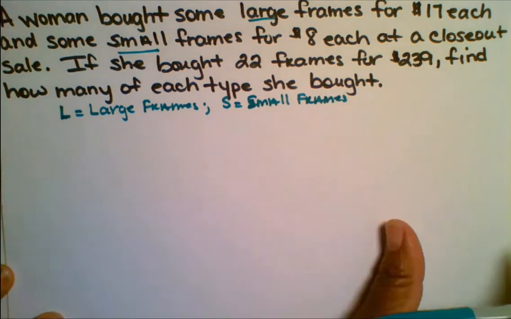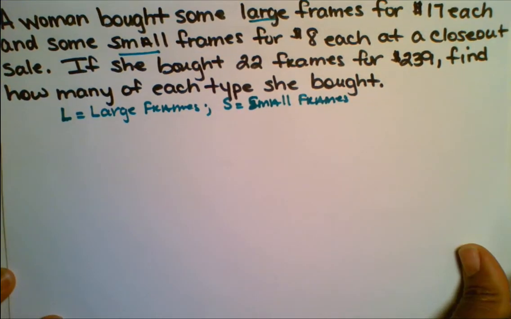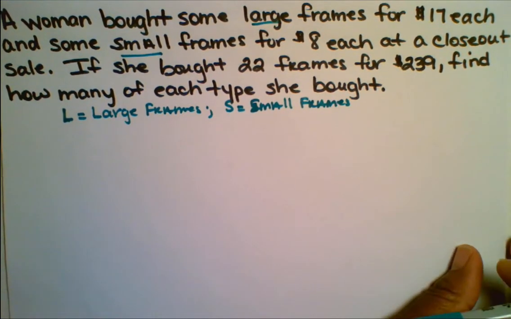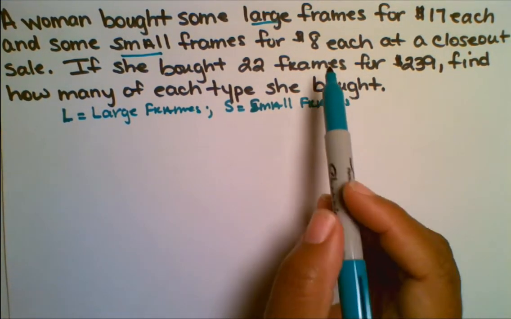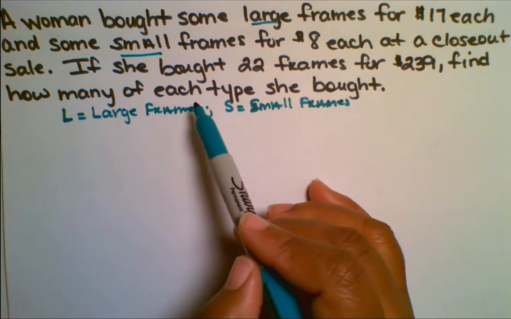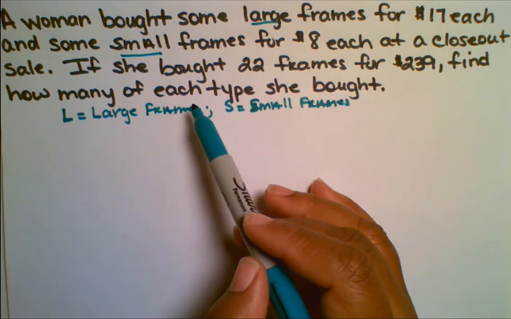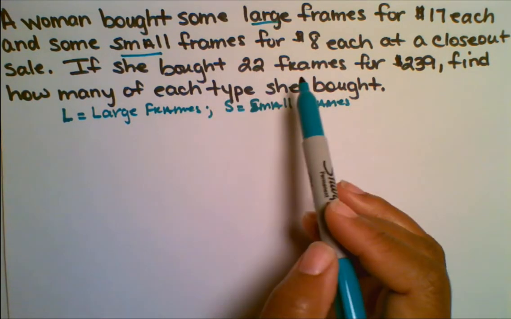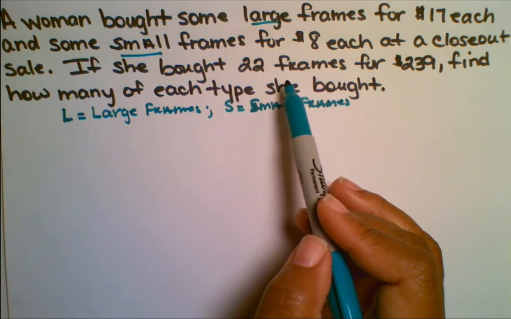All right, so how are we going to set up our system of equations? So we know the cost of each one, but we don't know how many of each type that she bought. But we know that she bought a total of 22 frames.